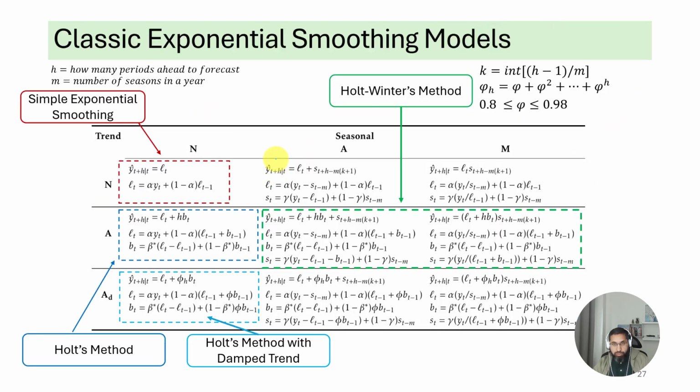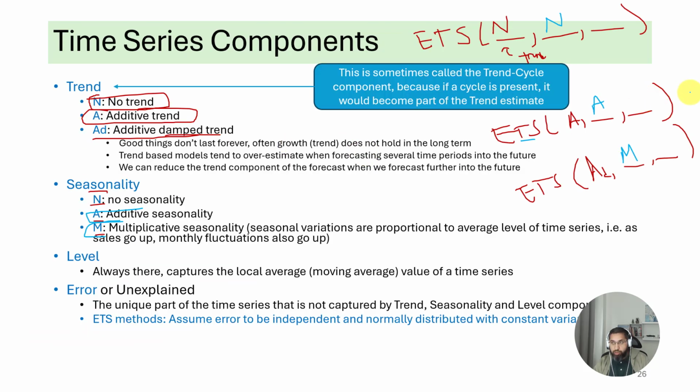So let me show you. Okay, so you just have two: trend N, A or D, and seasonality N, A or M. You don't have this third one for exponential smoothing. So for exponential smoothing, you just say exponential smoothing with N and N. Or you'll say exponential smoothing with A trend and then additive seasonality, or A and M, like that.